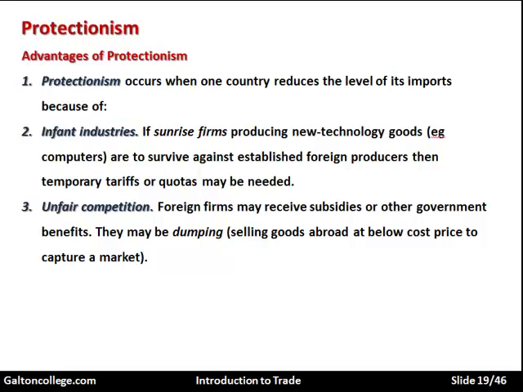It's unfair competition. There may be dumping. Now, dumping is when countries support companies to produce items, and the support is so great that they're able to sell the product at below cost price because the subsidy compensates them.